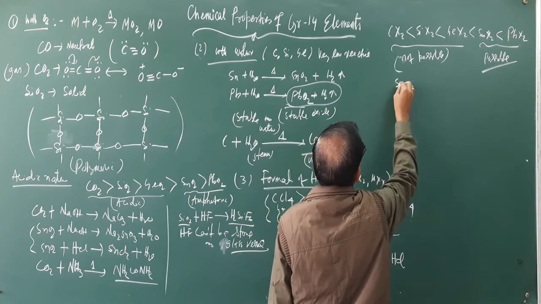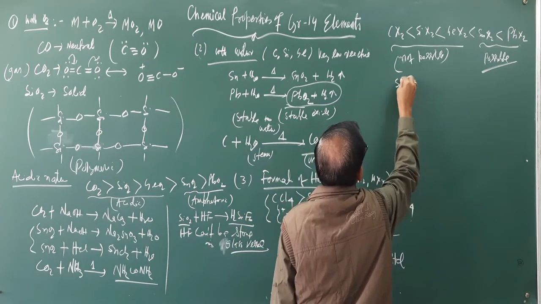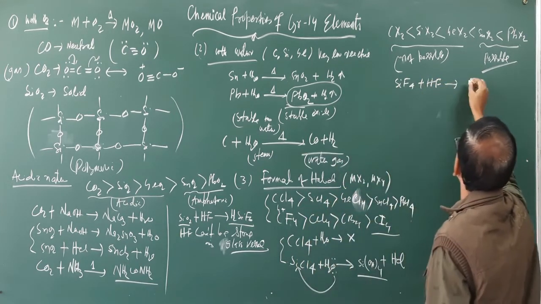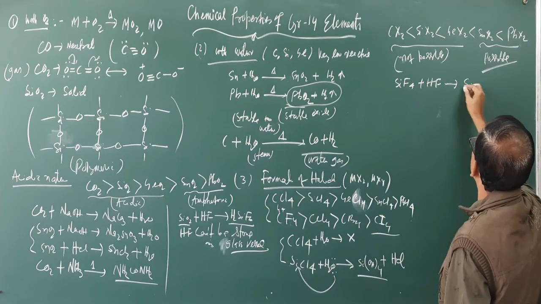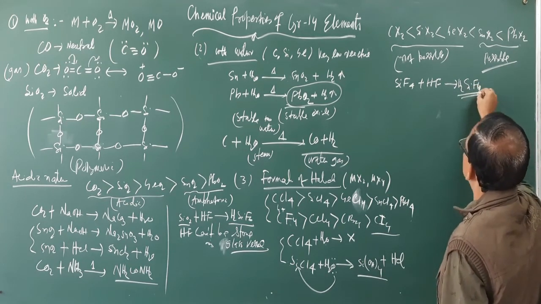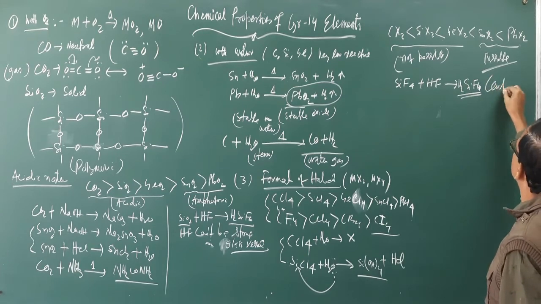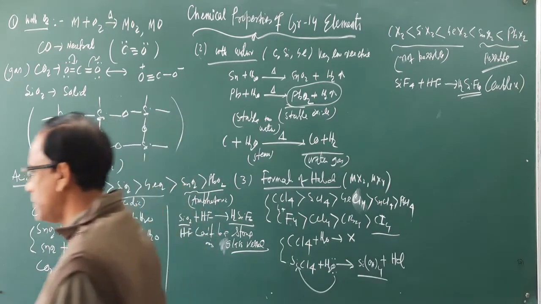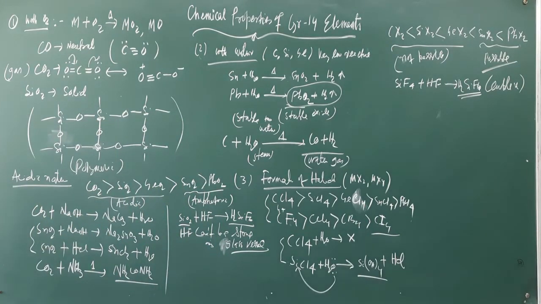Silicon tetrahalide reacts with HF forming what? H2SiF6. It is produced due to formation of a complex. The complex is formed because silicon has vacant d orbital. It accepts F minus.